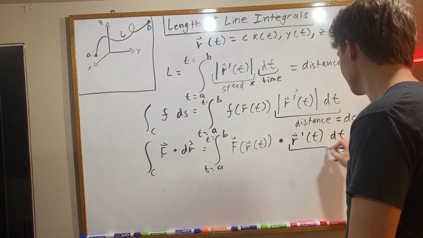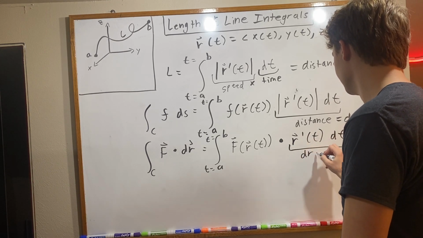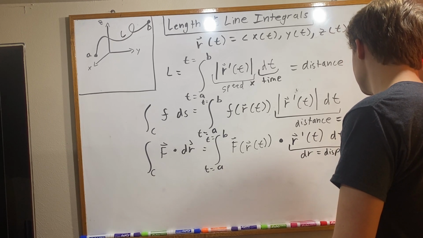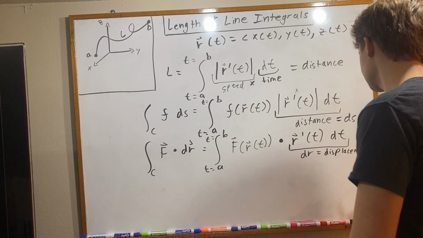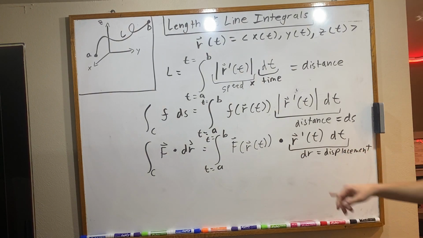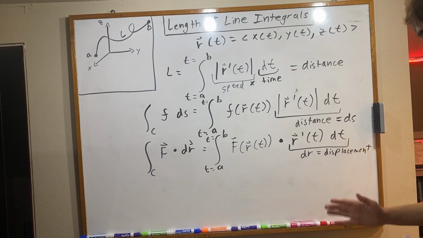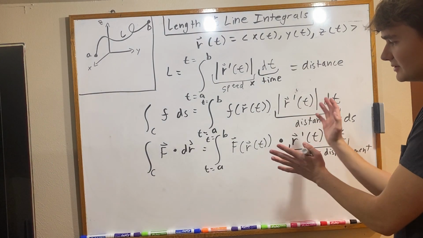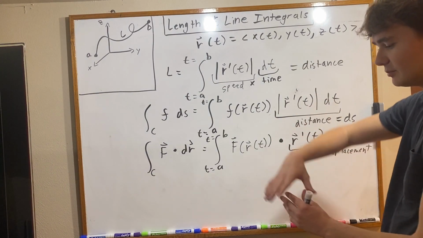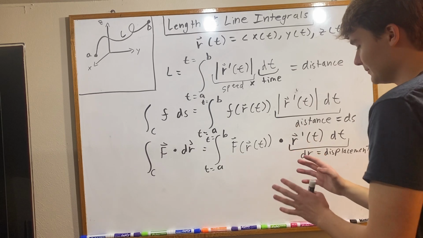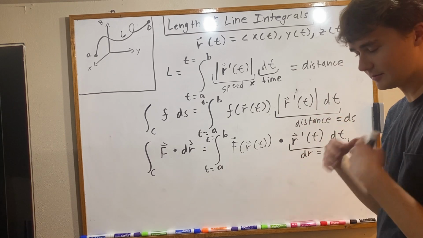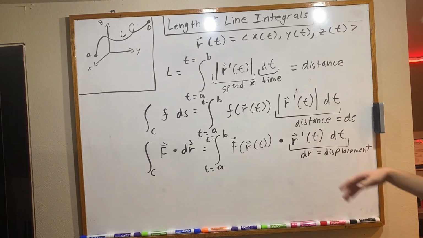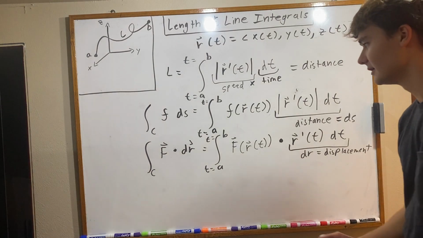So this is dr, which is equal to displacement. Velocity times time is displacement. So basically, at any point on the curve, we multiply the vector field at that point with the displacement. If that makes any sense.